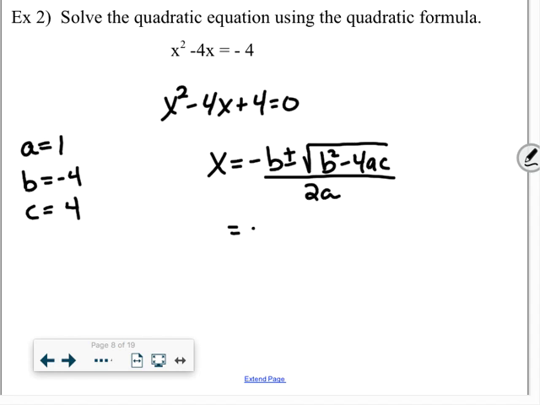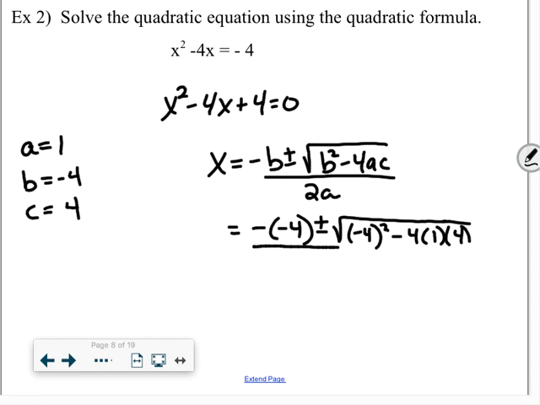So here we go. I have -4 plus or minus square root. It says b squared, so that means I need to know, as an Algebra 2 student, that I am squaring the negative. That means there's a parenthesis around that -4. -4 times 1 times 4.